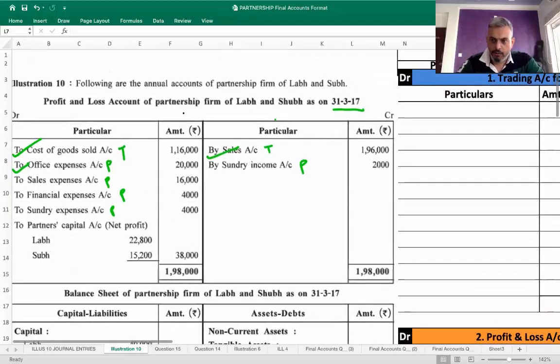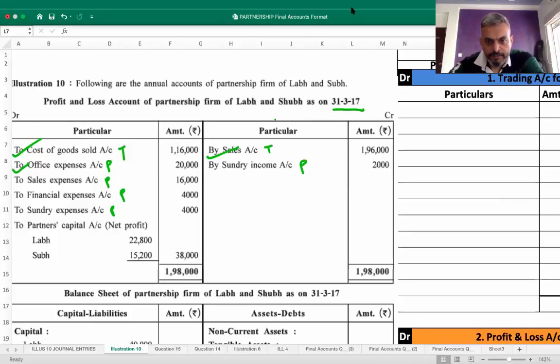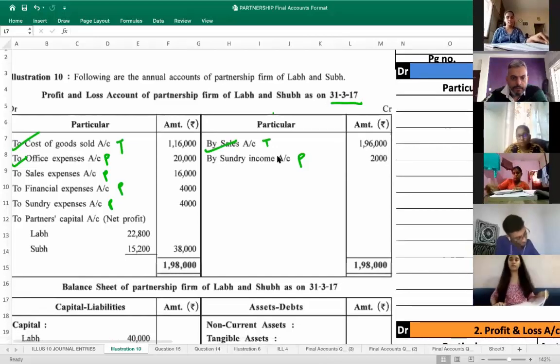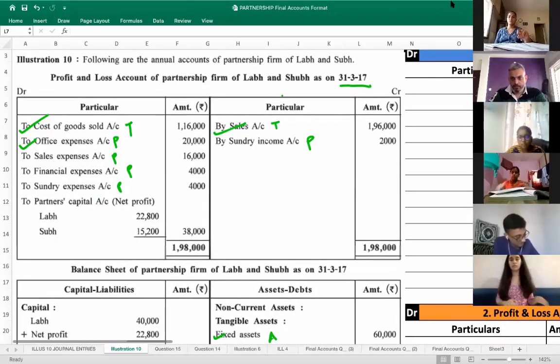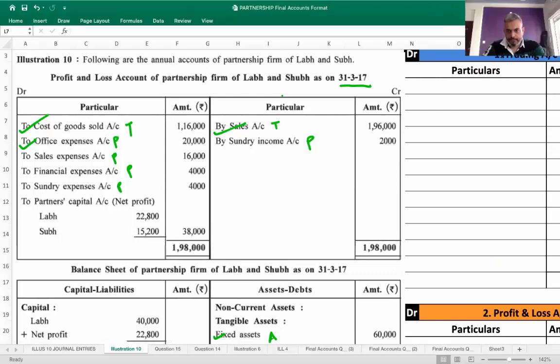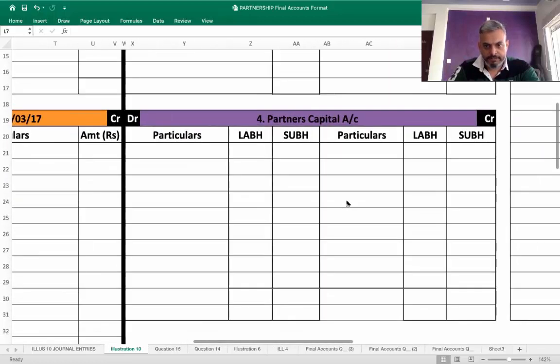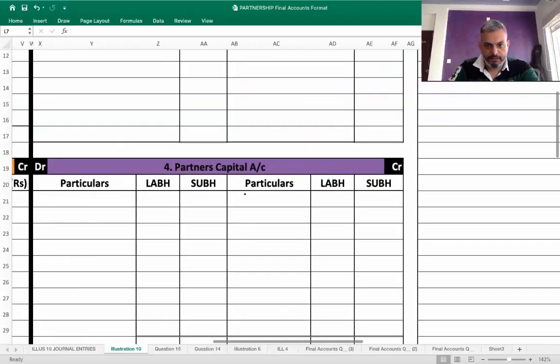Okay. So make the format for journal entry if you have not. Now over here, let's start with writing the opening balances of capital first. Partners capital account: Labh is 40,000 and Shubh is 30,000.